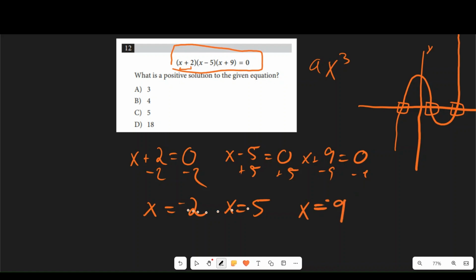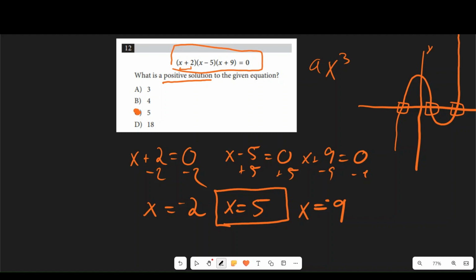So we have minus 2, 5, and minus 9. Those are the points for this equation that touch the x-axis, or the points where the equation is equal to 0, right? So we are being asked what is the positive solution. We only have one positive solution, and that is x equals 5. So our answer is going to be C.